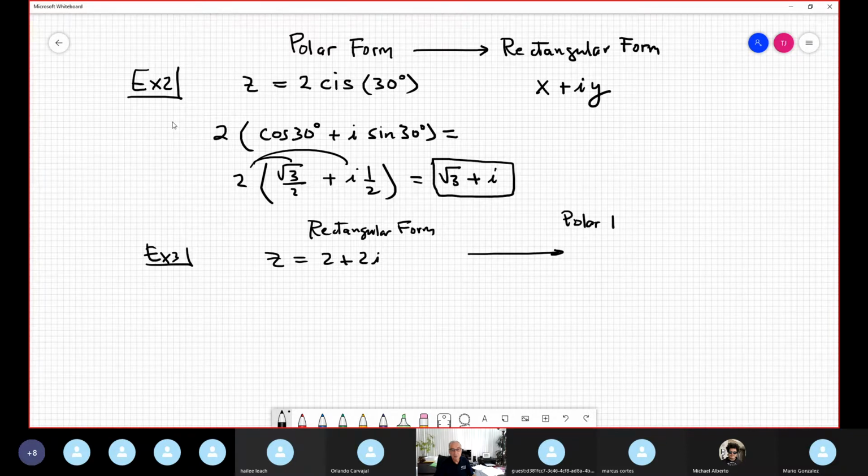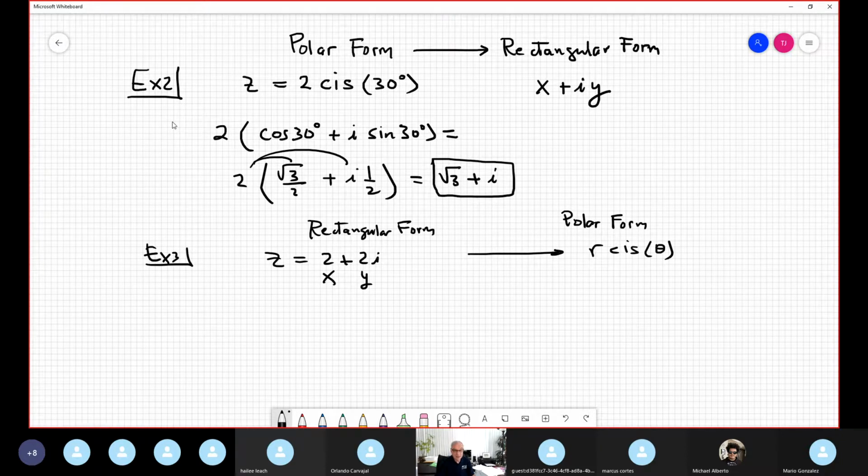And remember, polar form is r cosine theta plus i sine theta. And you have in your hand x and y. x is 2, y is 2. I need to find r, and you need to find theta. Okay, let's do it.